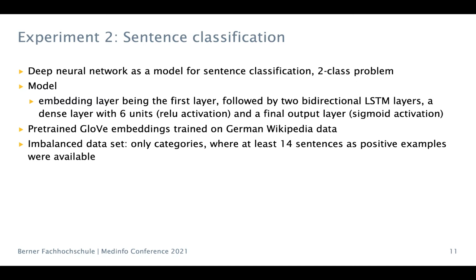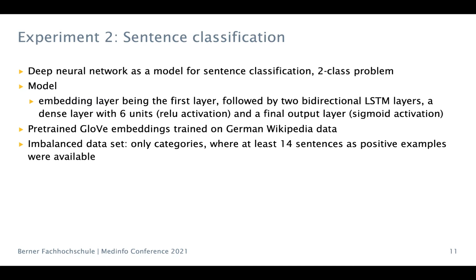This results in a very imbalanced data set. So for this example with multivitamin intake regular, we had 44 positive examples and only 560 negative samples.